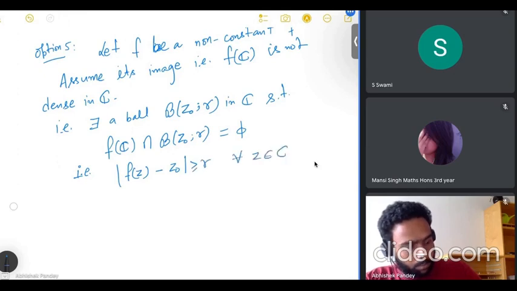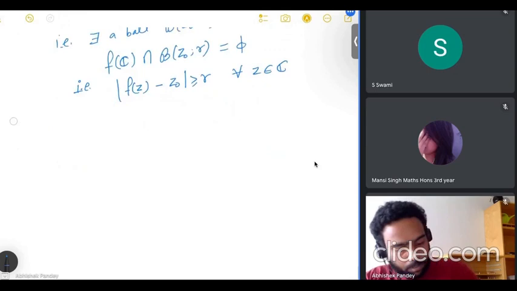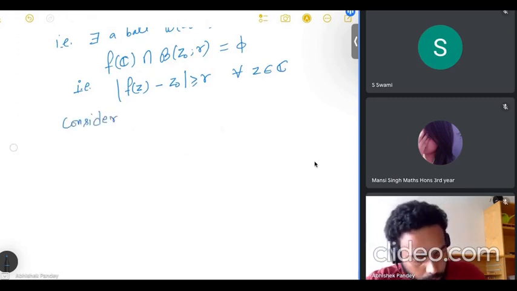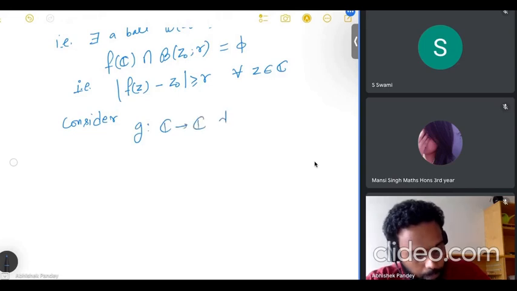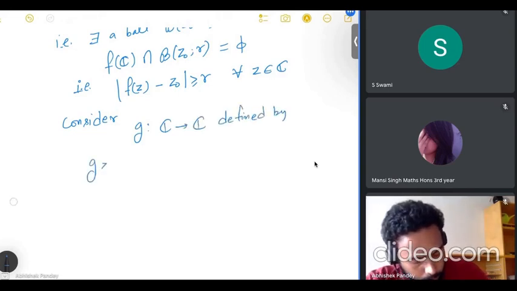Okay. Now consider the function g from C to C defined by g of z is equal to 1 upon f of z minus z naught.